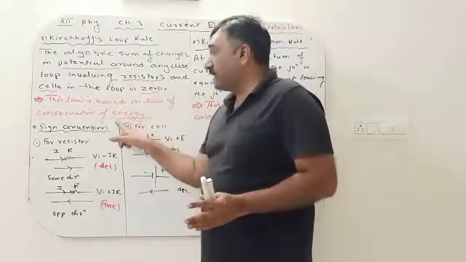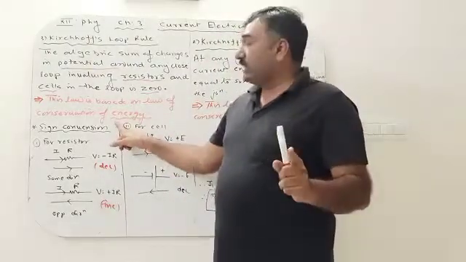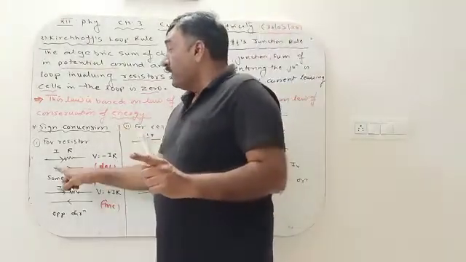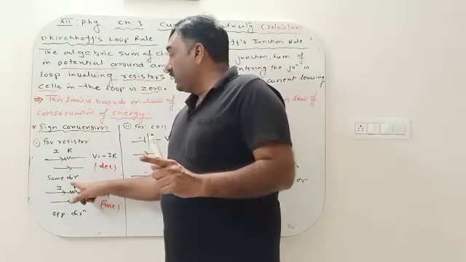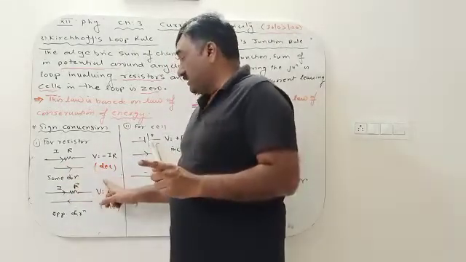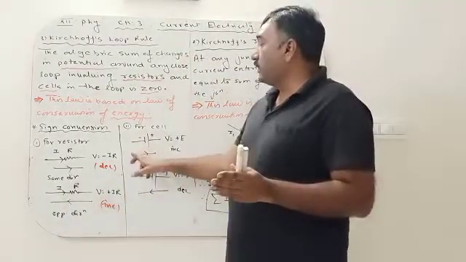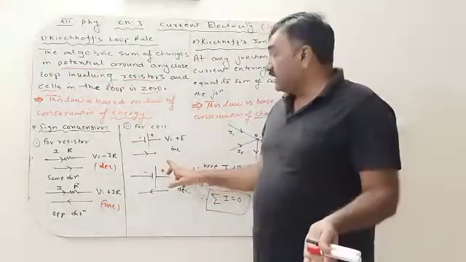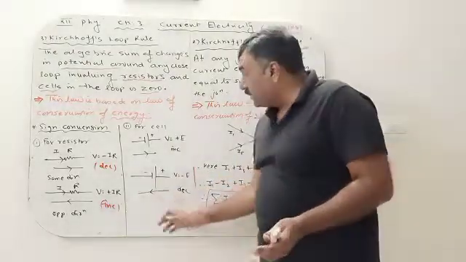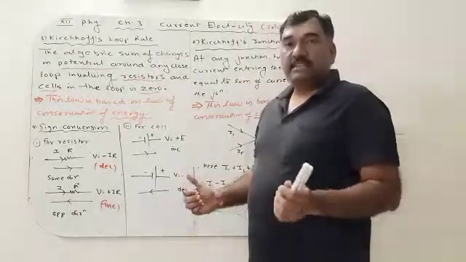It is based on the law of conservation of energy. Sign convention is very important. In the direction of the current through the resistor, potential decreases, and in the opposite direction potential increases. From negative terminal to positive terminal, potential increases, and from positive to negative, potential decreases.